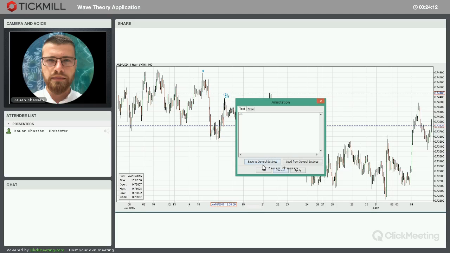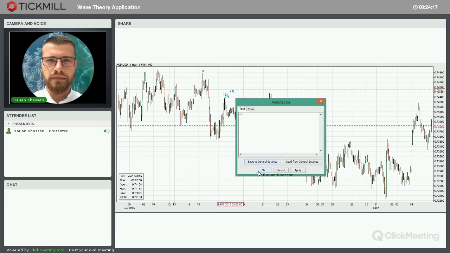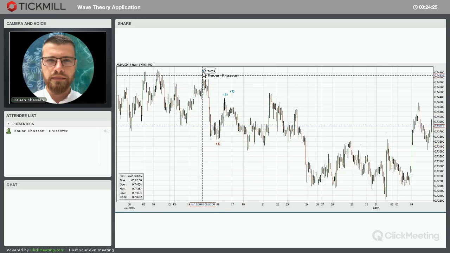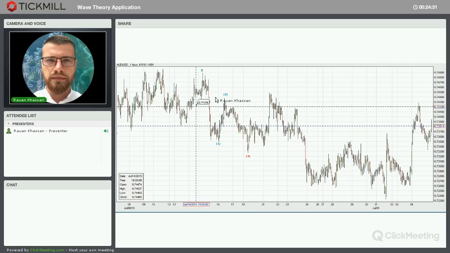This is small 2. This is small 3. And it goes up like this. So from the start, which is marked as X, we see a first three-wave structure, 1, 2, 3.